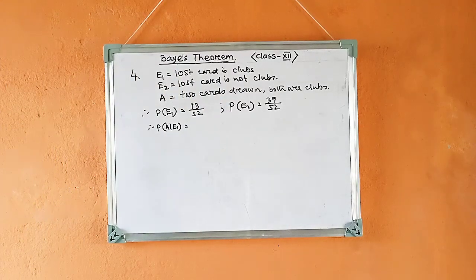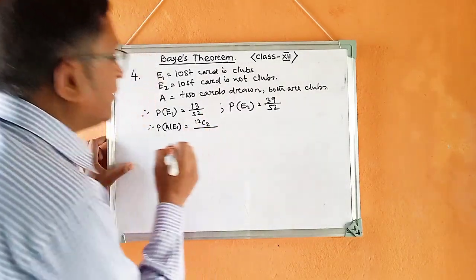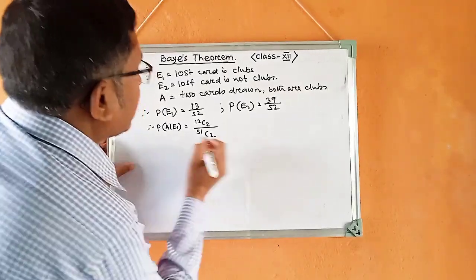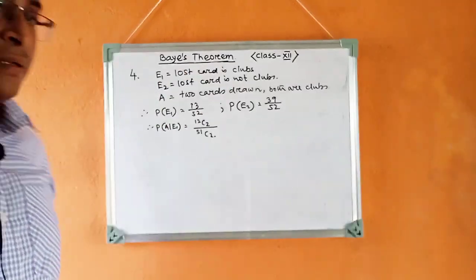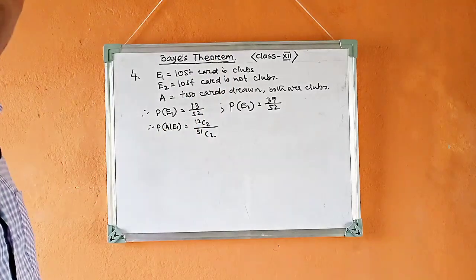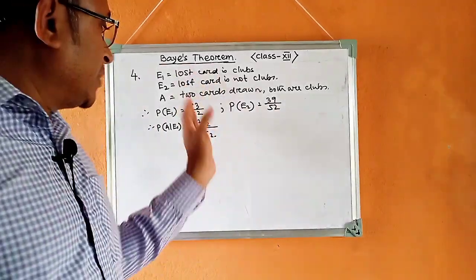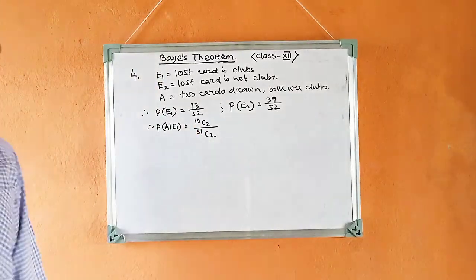So 12C2 divided by 51C2. How 12C2? There are 13 club cards, one club card is lost, so the remaining are 12 cards. Out of 12 club cards, pick two cards, so 12C2 ways.